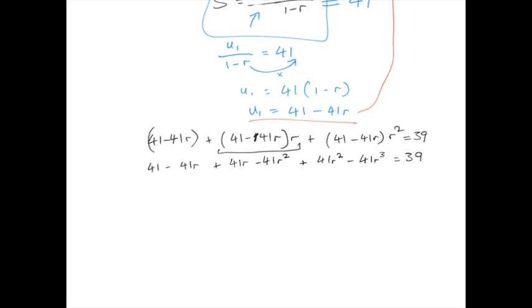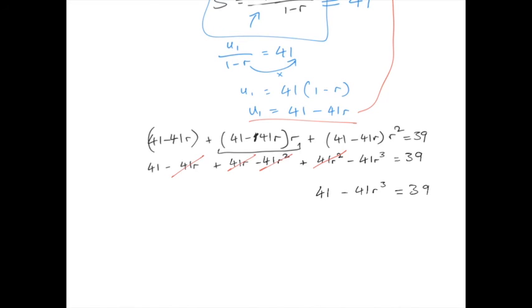Now, I thought at first we were going to have to use polyroots or something to solve this. But what can we cancel? The minus 41r cancels with the plus 41r. Beautiful. What else can we cancel? The 41r squared cancels with the plus 41r squared. Exactly. So let's rewrite it. It becomes 41 minus 41r cubed equals 39.